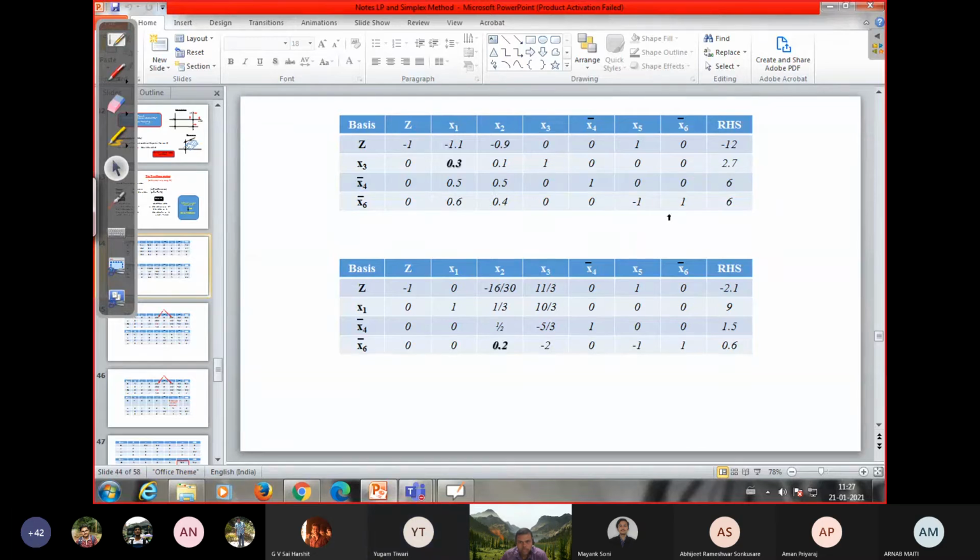So we maintain this identity matrix for the base, and this is the sole purpose of the simplex method. As you move from one iteration to another, you restore this identity matrix in the base so that the RHS gives you directly the solution of the basic variables, right?